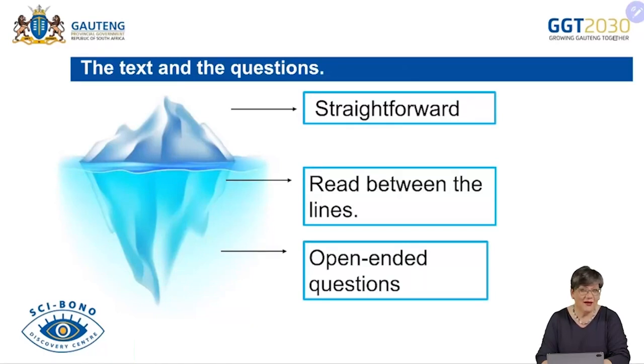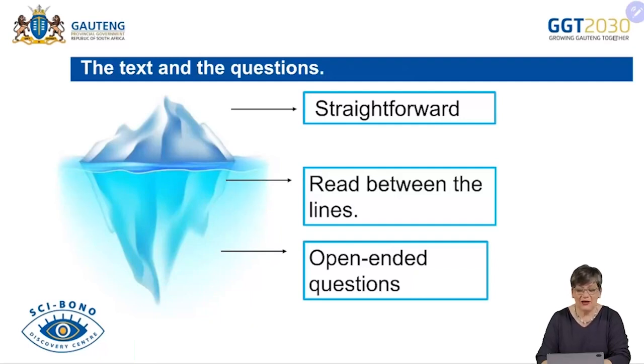The same can be said about the questions and where you're going to find the answers. The questions that are above the surface are the straightforward ones, the ones where you can find the answer directly in the text. It's the easy ones. About 40% of your question paper should be made up of these questions.